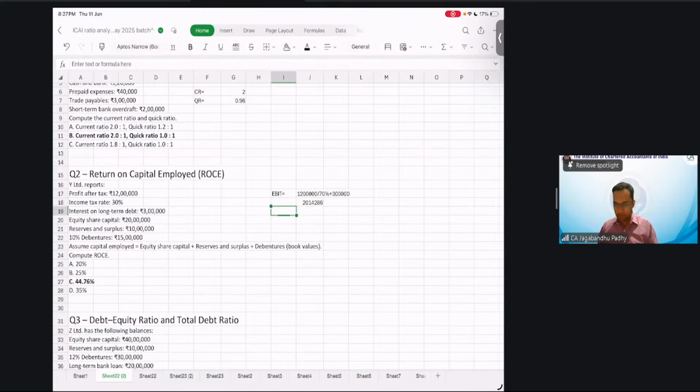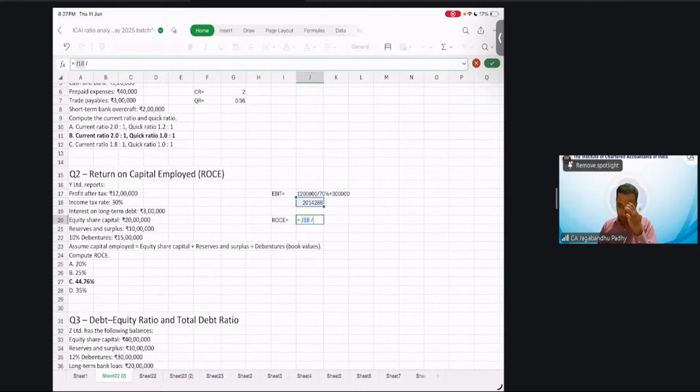So return on capital employed will be EBIT divided by 20 lakh of share capital, 10 lakh of reserves, and 15 lakhs of debentures. So 44.76 is the accurate answer.